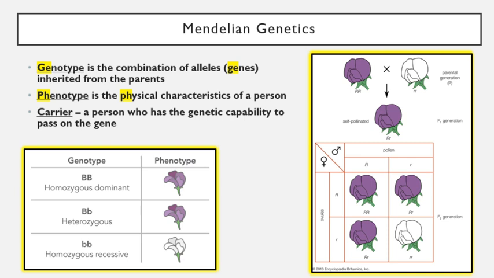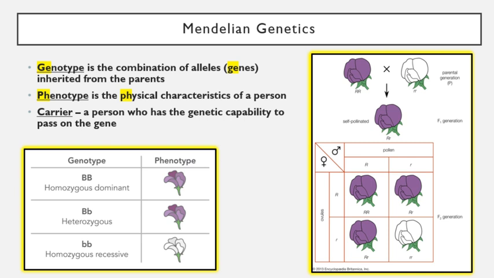But if you have a complete lack of any dominant allele, then of course it's going to turn white. So you can see here that if you cross a dominant flower with a recessive flower, all of the offspring of the next generation, if you do the Punnett square, are going to be uppercase R, lowercase r, and that always expresses as a purple flower.